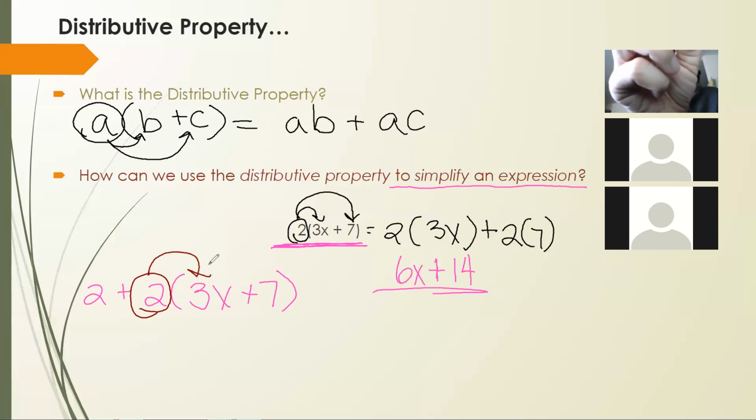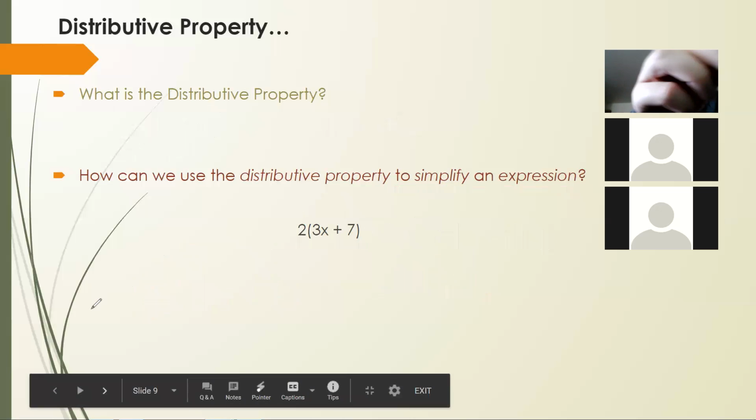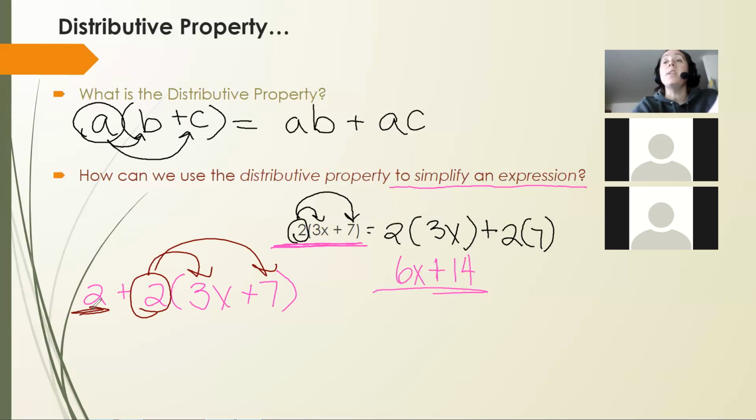Afterward you would combine the like terms. You'll see an example there. Cool. Make sense? I put the notes back up there just in case I went too quick. Does that make sense, guys?